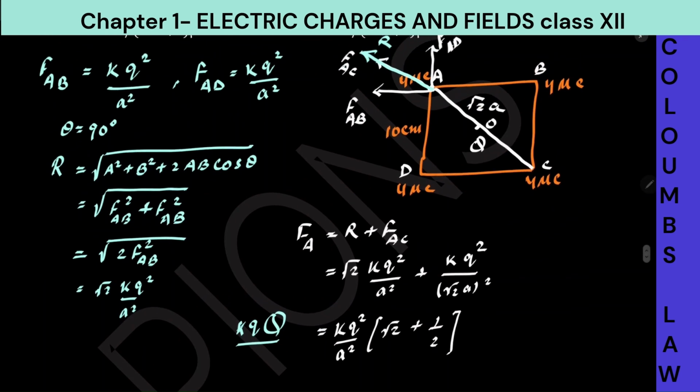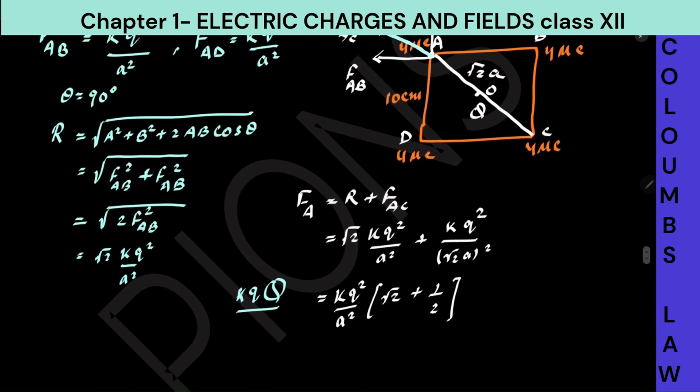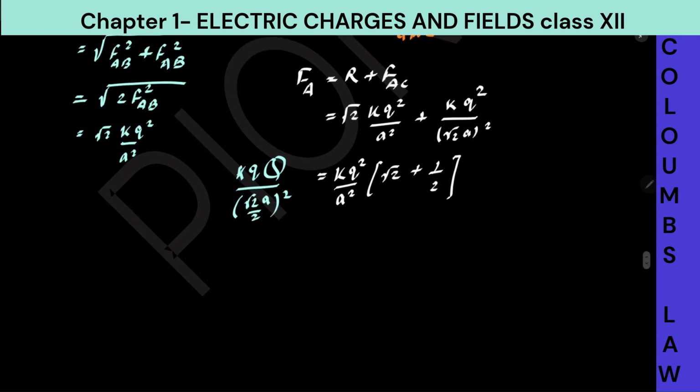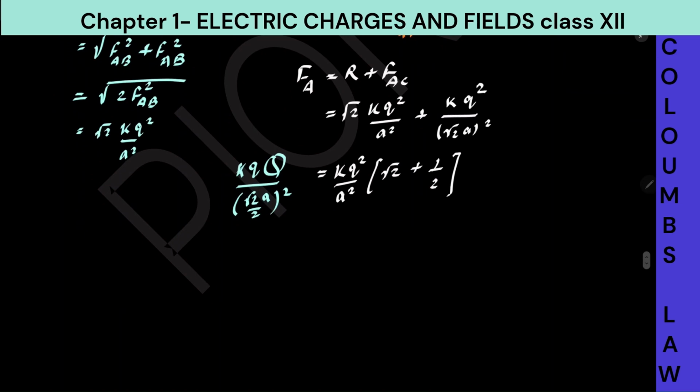And what's the gap? If this is root 2A, what's the gap between A and O? Root 2A by 2. Look at the diagram. This is root 2A by 2. So let me keep it here, root 2A by 2 whole square. Let's simplify this to get the value of capital Q. Here K cancels with K, Q cancels with one of the Q, and we will be left with Q upon 2A square by 4, and that is 1 by A square into root 2 plus 1 by 2.